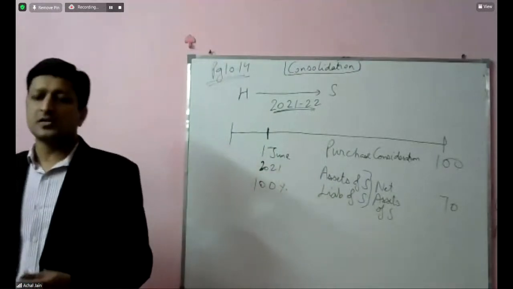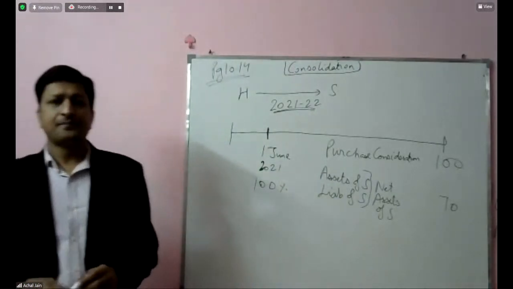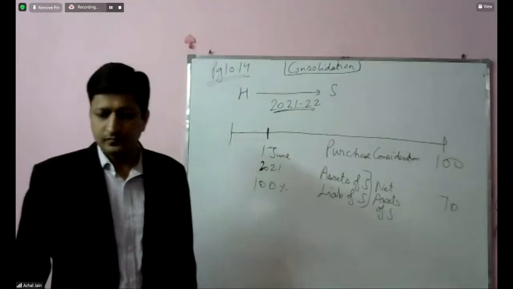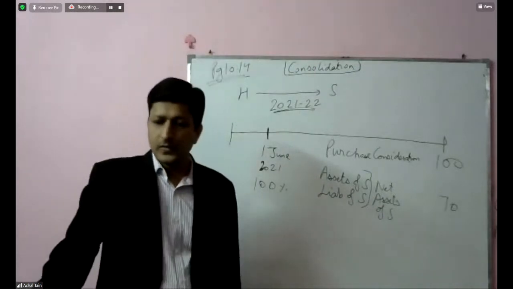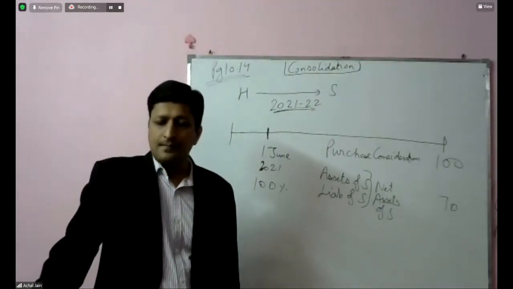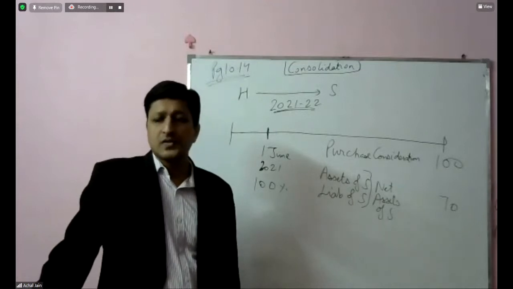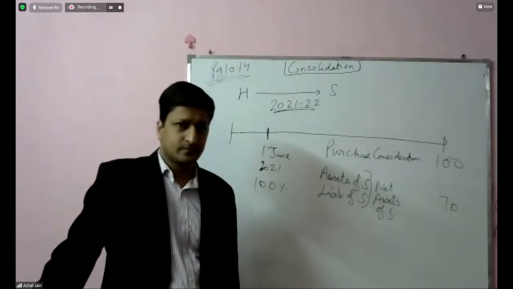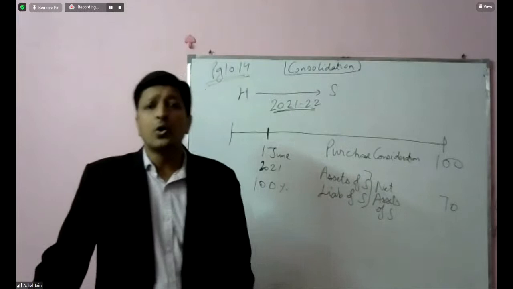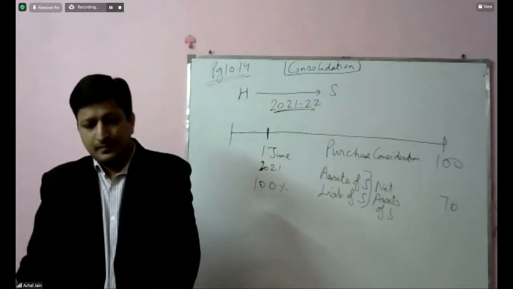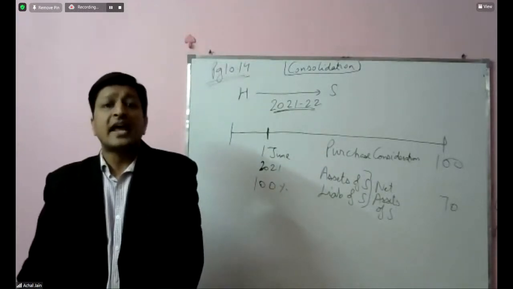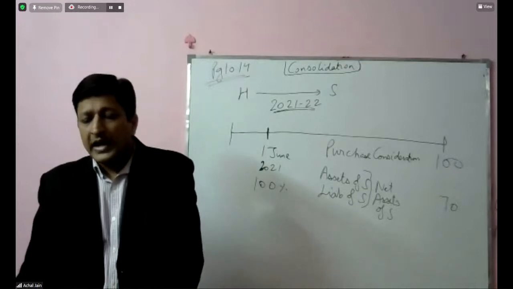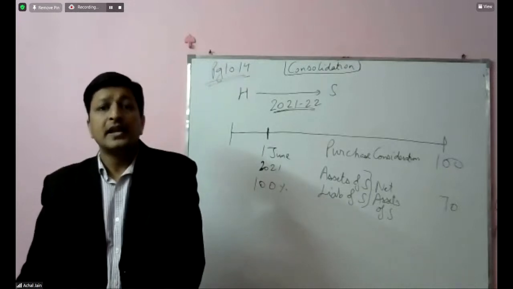How do you record this, wherein H has paid more and H has got less?